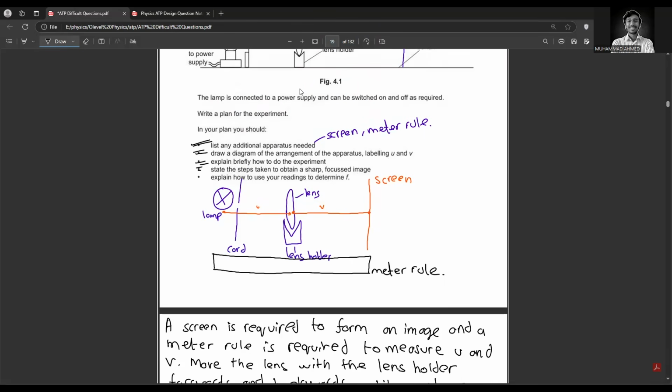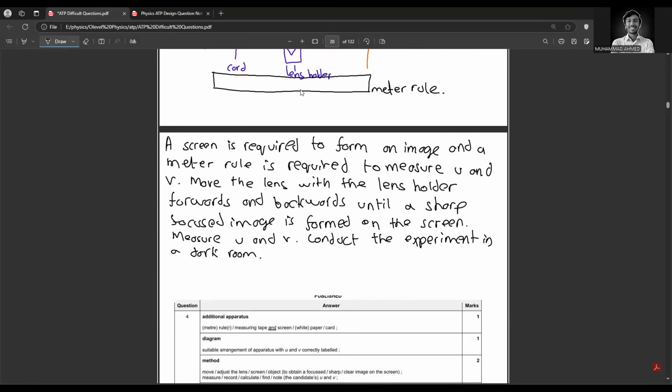Explain how to use your readings to determine f. Simple as that. Substitute the values of u and v in the equation. This is v. Sorry for my bad handwriting.